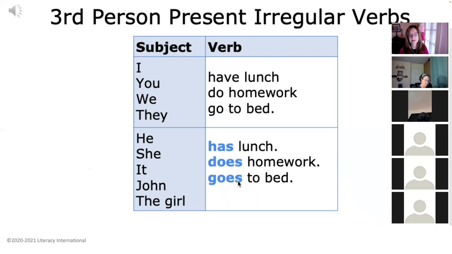And instead of go, it's goes. Those are the three common ones that we study separately because we use them all the time, so it's really good to drill these three, especially has and does. Another one that changes pronunciation is say and says. It's not says, it's says, which is just slightly different and can be a little tricky.